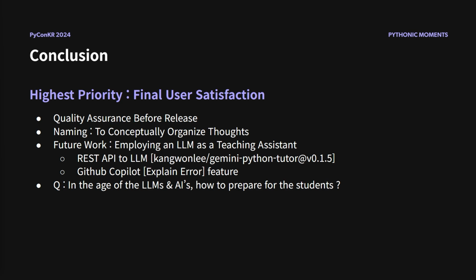And in fact, I have recently released a GitHub Action that is using Google Gemini to give feedback to each student's assignments. Also, GitHub has a Copilot feature, which is an explain error feature.